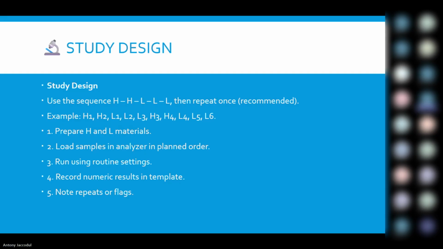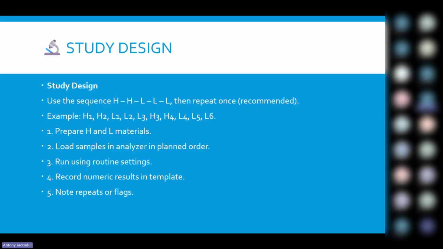So the recommended study design is that you run the first high, the second high, and then you run first low, second low, third low, and then you repeat with the same sequence as we have already said.